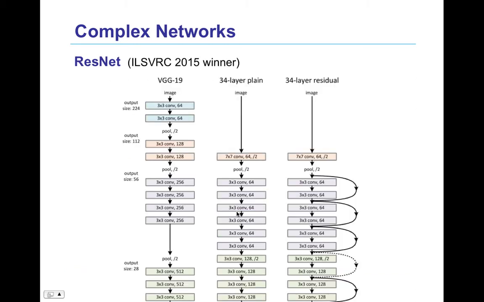Going forward, that was 2014. In 2015, the winner of that challenge was a network called ResNet, which used residual blocks. The network is so huge, it didn't even fit on the screen. Here is VGG19 as a comparison, all lined up, then a 34-layer plain network, and then a 34-layer with residual.